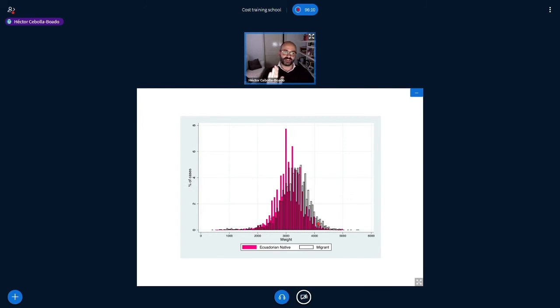While for natives, the density of cases points at a higher likelihood of having lighter babies. So anyone wants to react to this? Any critic? Why might this be the case? It is migrant selection.